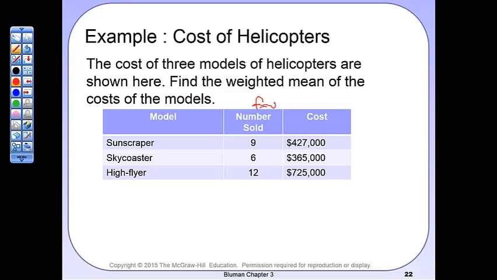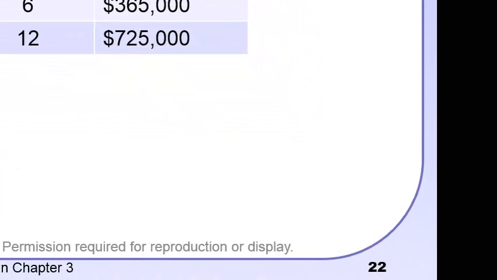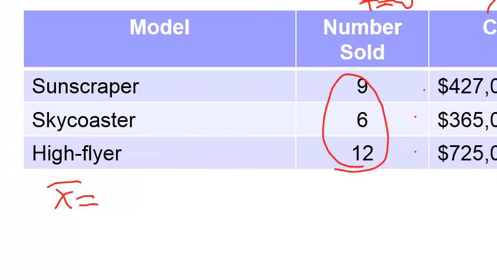So this is like our weight. And this is going to be our x value. So whenever we're finding our weighted average, we're going to take these and multiply them by each other. And then we're going to divide by the total frequency, the total number that we sold.